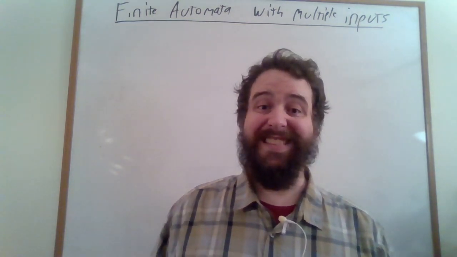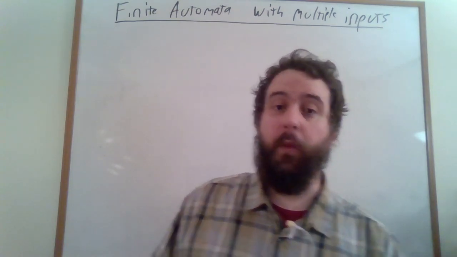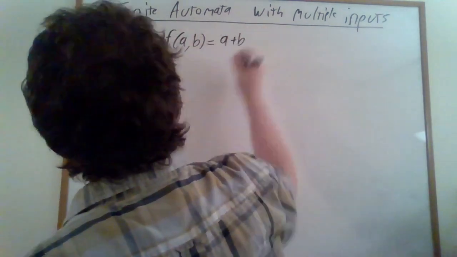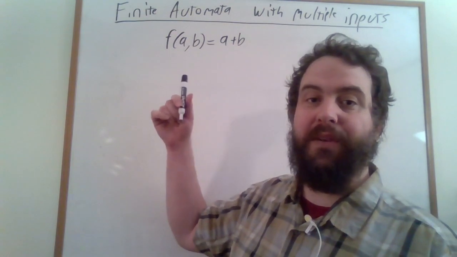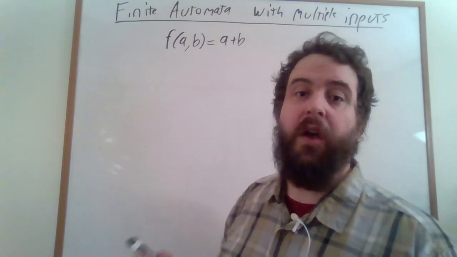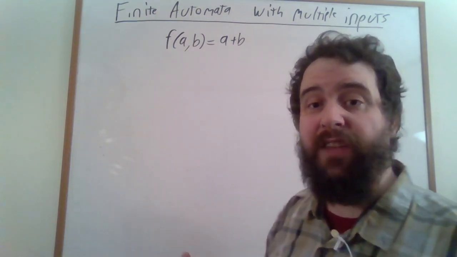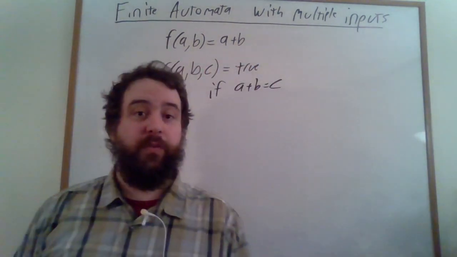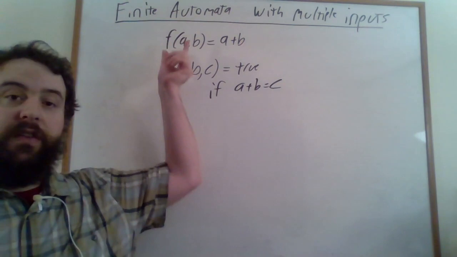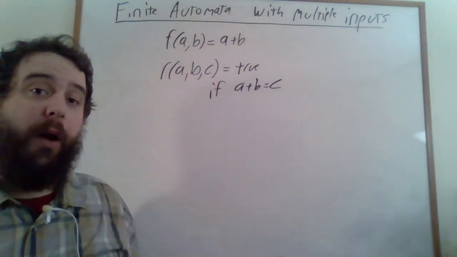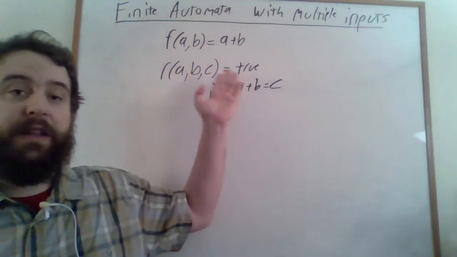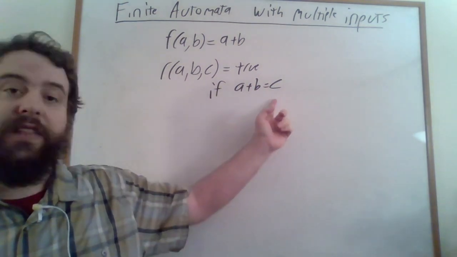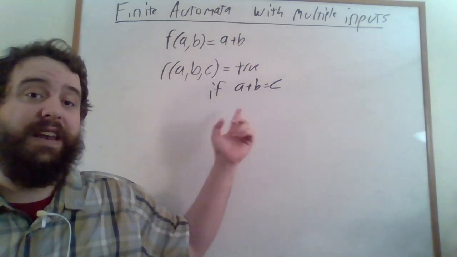So for instance, instead of encoding the function that we want as taking in two inputs and outputting their sum, we can view this as a relation that takes in three inputs, the inputs to the original function and a proposed output. And this is going to be true if that actually is the output for these given inputs.